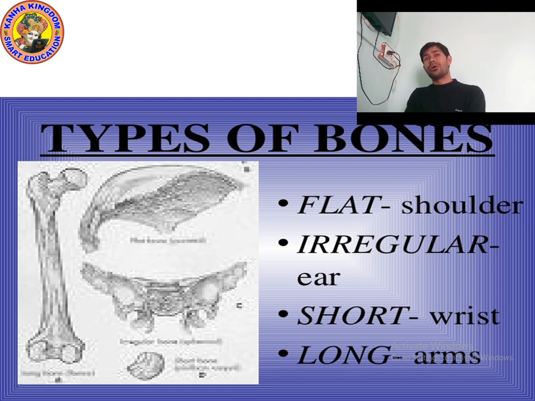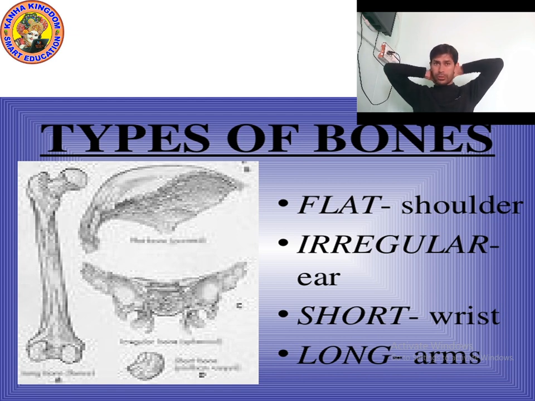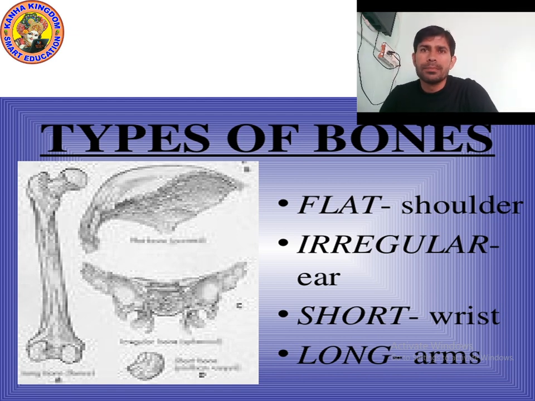One more example of long bone: femur. Femur is the longest bone. Humerus, the bone found just above the elbow, is also a long bone. The bones found in the fingers are short bones. Irregular bones are the bones of the backbone; 33 small bones are found in our backbone, and these are irregular bones.